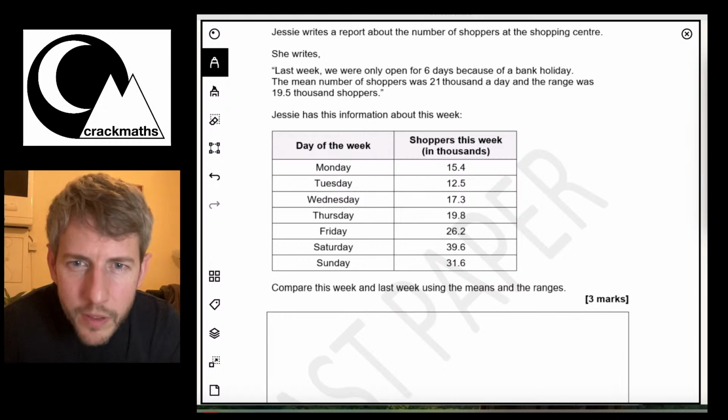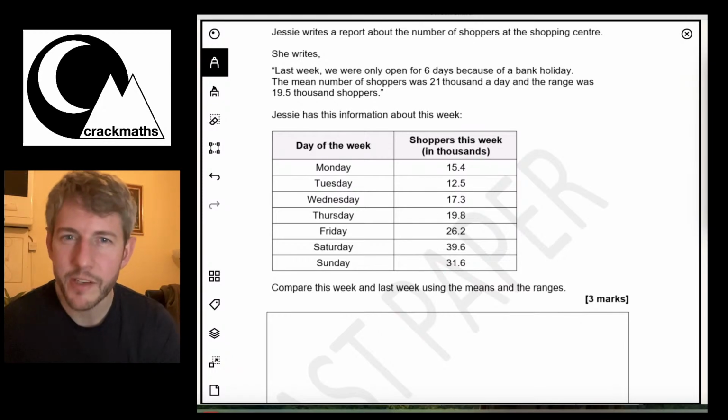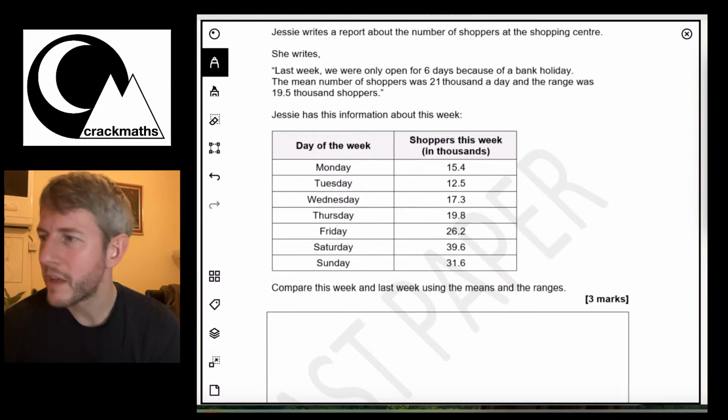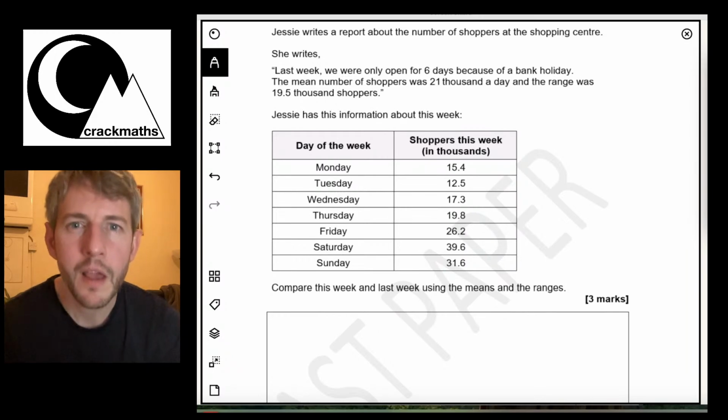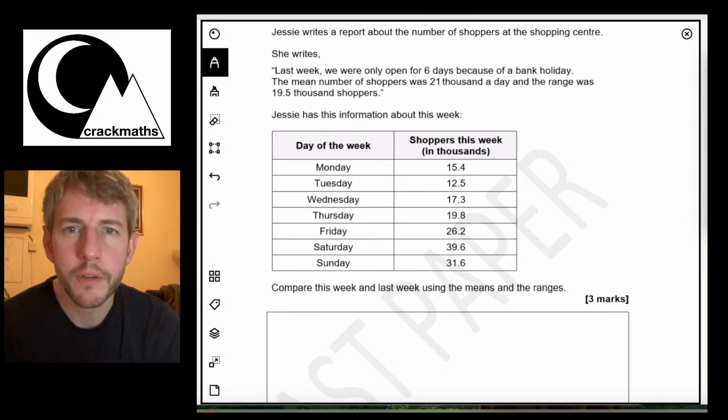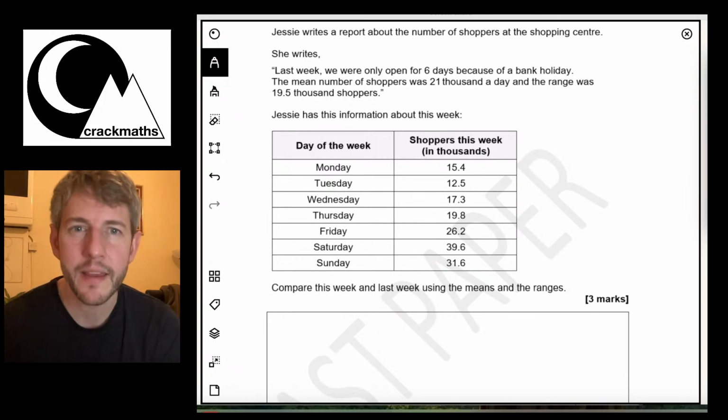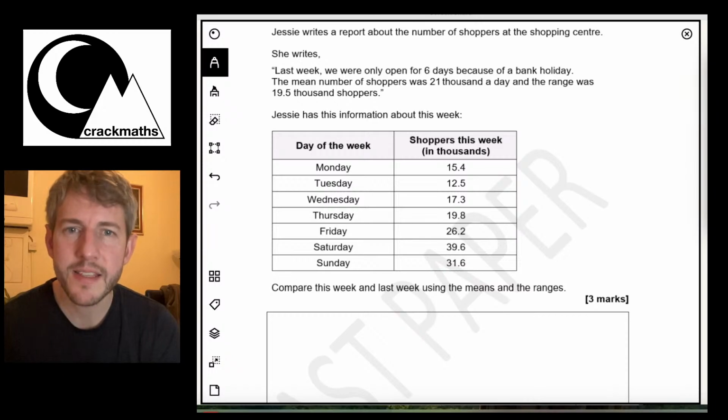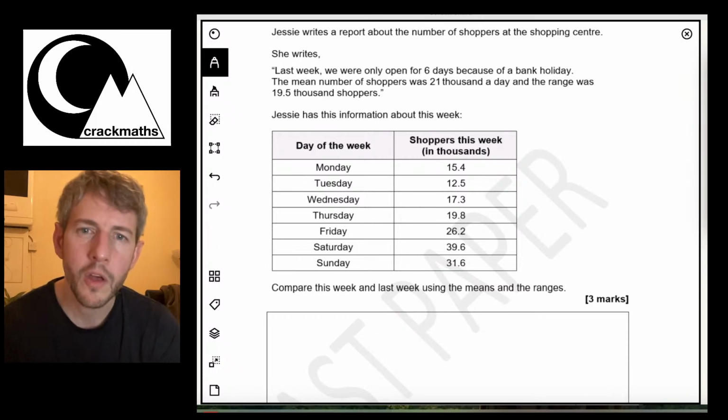This is comparing the mean and the range. Well, it's the same kind of thing, so it's still worthwhile. The mean number of shoppers was 21,000 a day, and the range was 19.5 thousand shoppers. Jessie has this information about this week. Compare this week and last week using the means and the ranges.